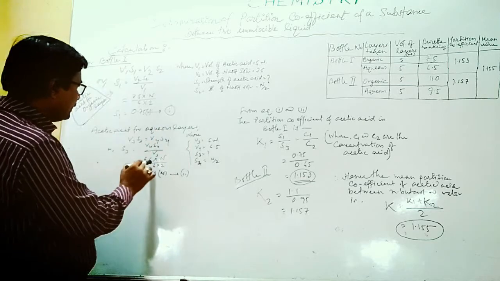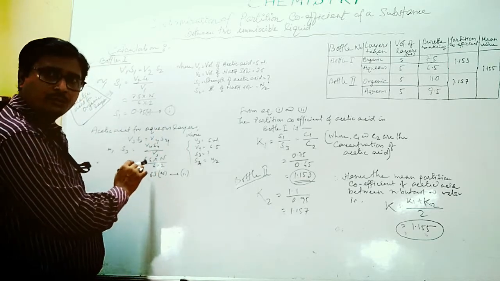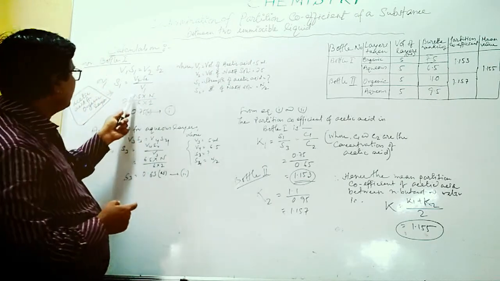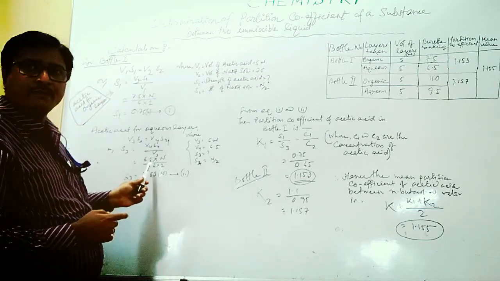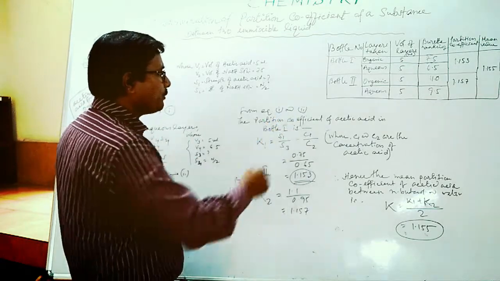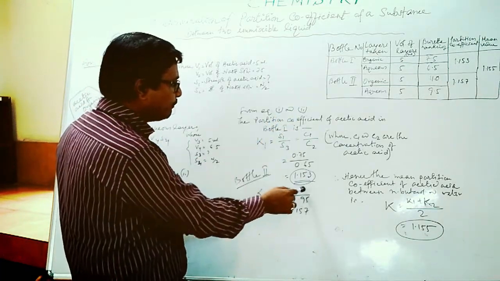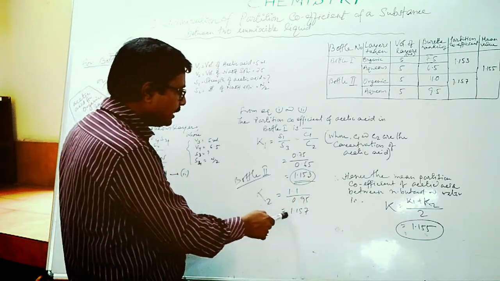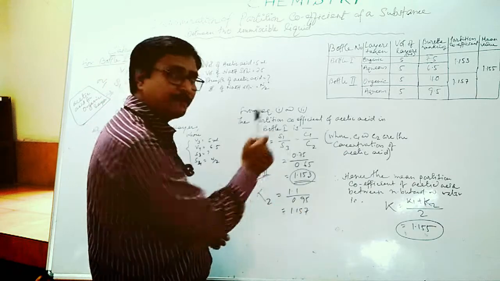For bottle 2, there also you have to change that. According to that table, you have to put 11 here and 9.5 there. Then for bottle 2, K2, the partition coefficient of acetic acid, will be 1.1 divided by 0.95. So it is coming, say, 1.157.